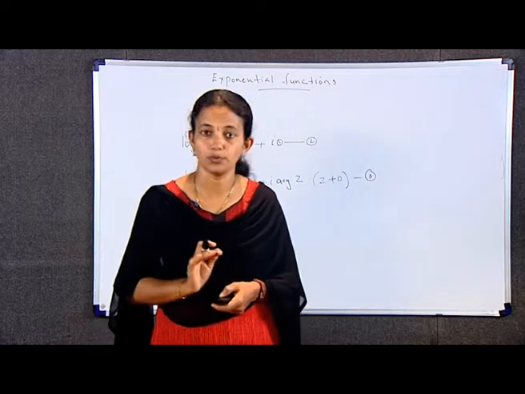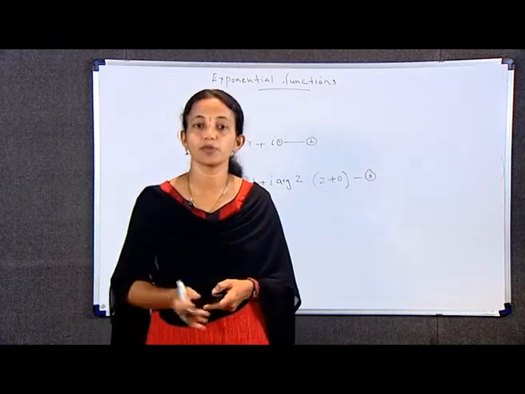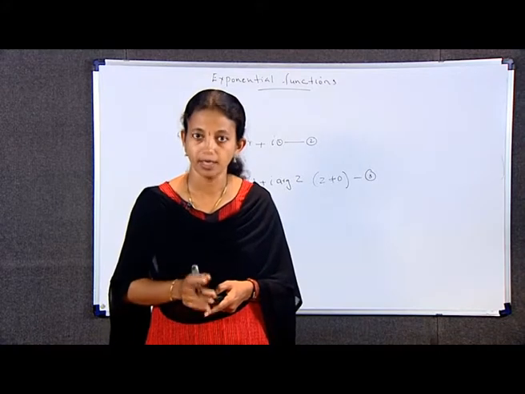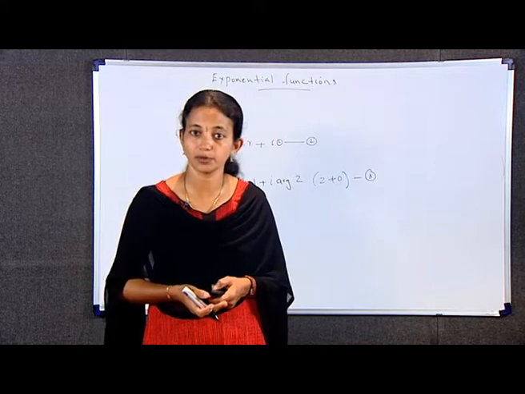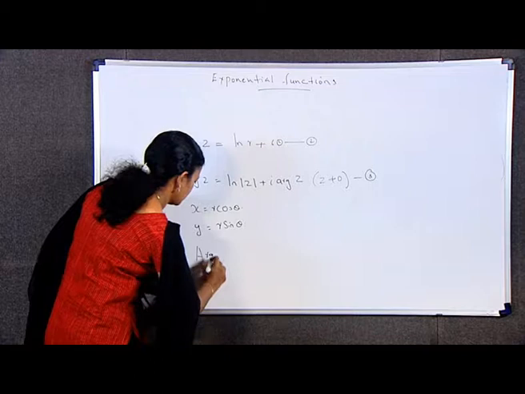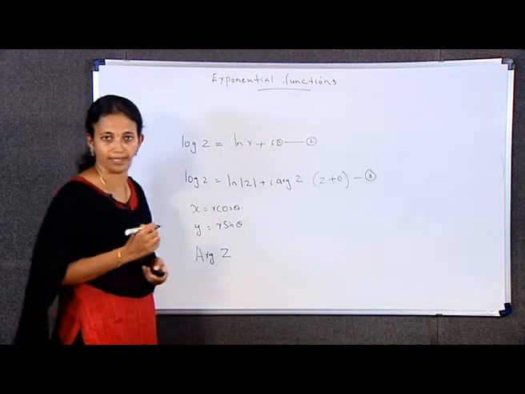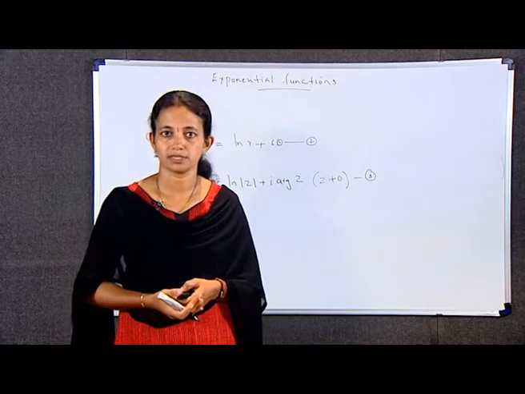This unique value of argument of z such that minus pi less than argument of z less than or equal to pi is called the principal value of arg z and is denoted by capital A, Arg z.